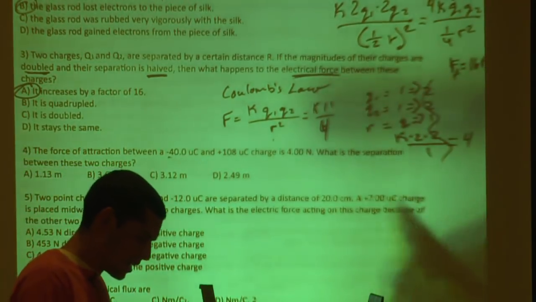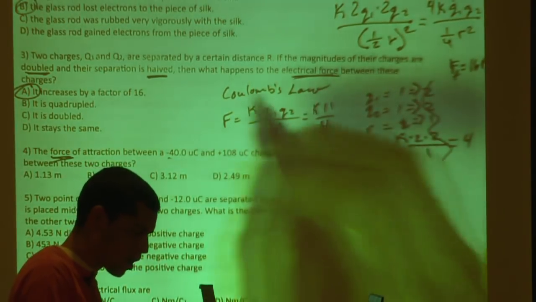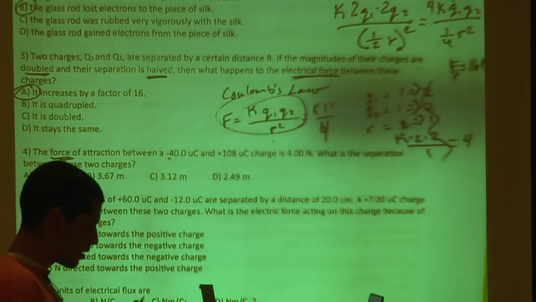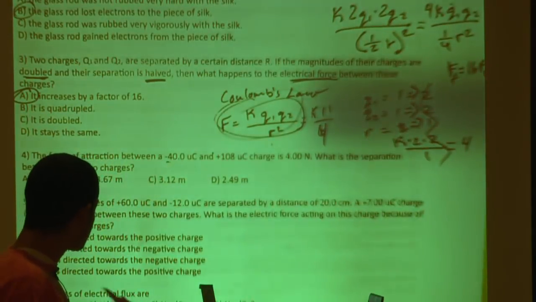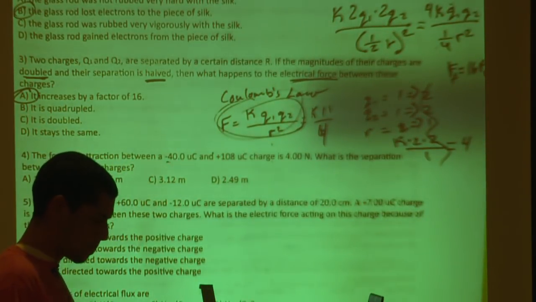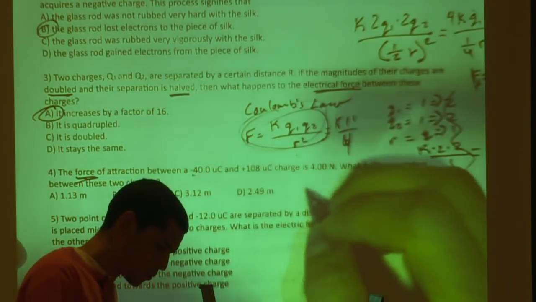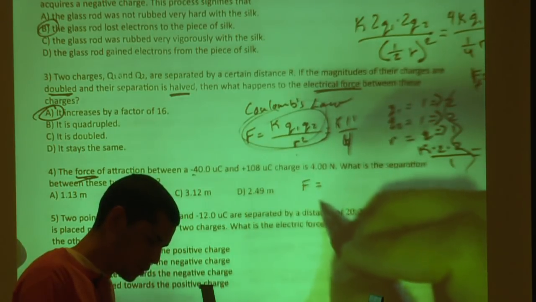Again, we see a force, so we're going to go straight to our Coulomb's law, which we discussed earlier. Let me get out my red pen too, get some multicolor up in here. Wow, it looks the same, but it's red. So we'll take our equation, and force is given to us, which is 4 newtons.